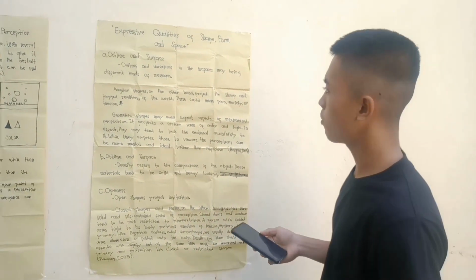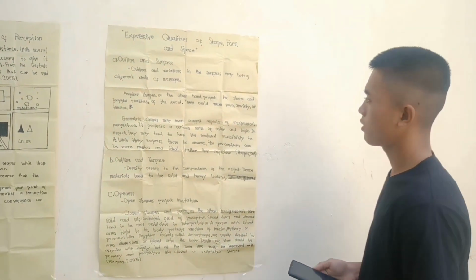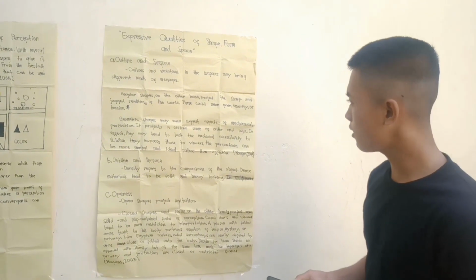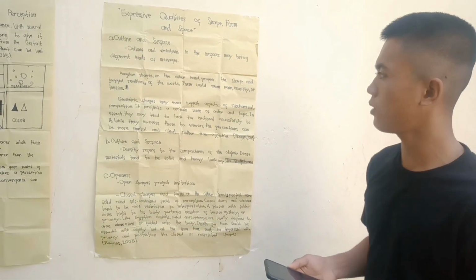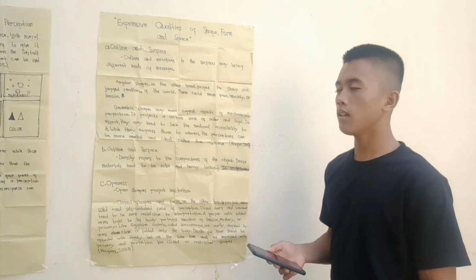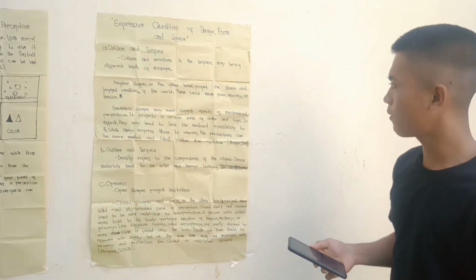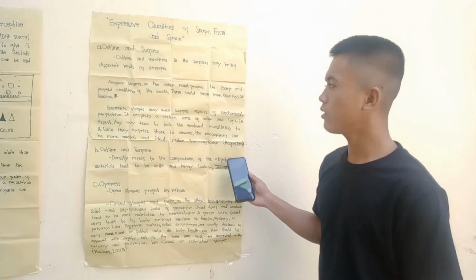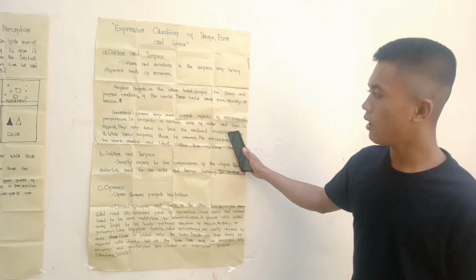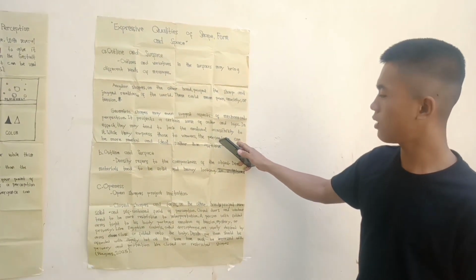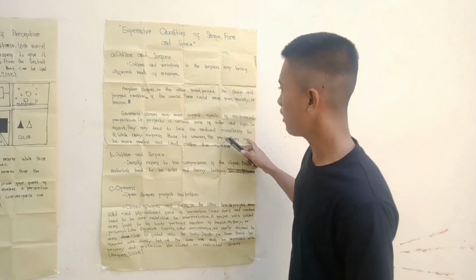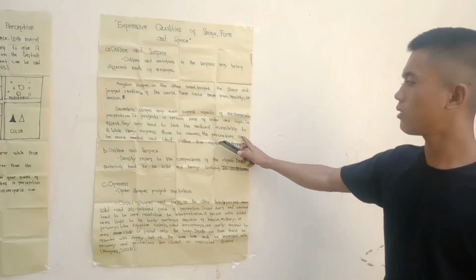So next are geometric shapes. They may even just suggest aspects of mechanical perception. They project a certain sense of order and logic. In effect, they may tend to lack emotional accessibility, while they express order to viewers.